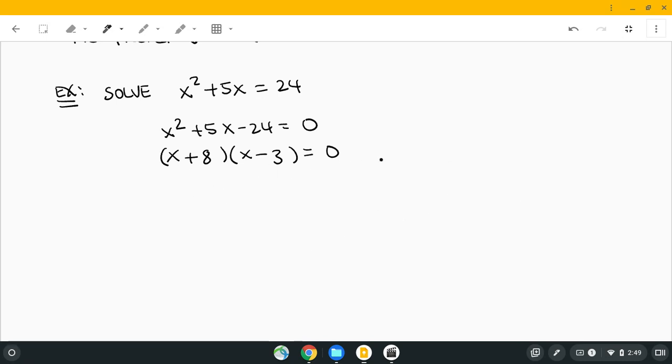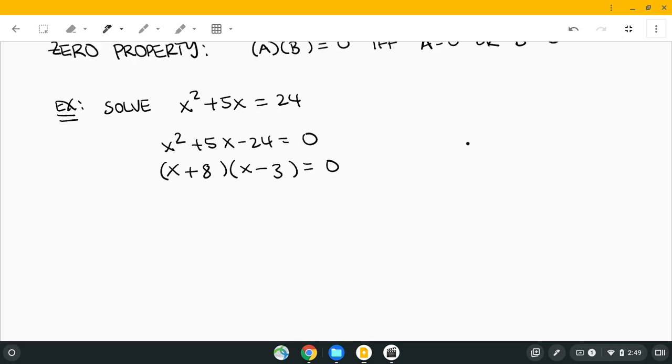So now that it's been factored, now I am going to apply the zero property here. So I have this factor times this one equals 0. So one of these must equal 0. So either x plus 8 equals 0 or x minus 3 equals 0. And now I solve each of these as usual.